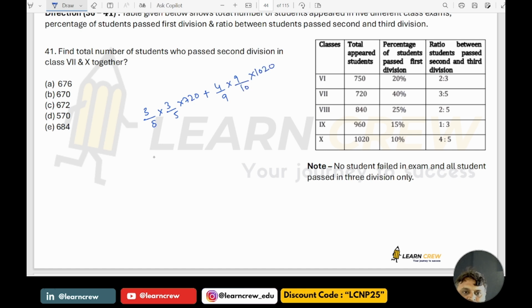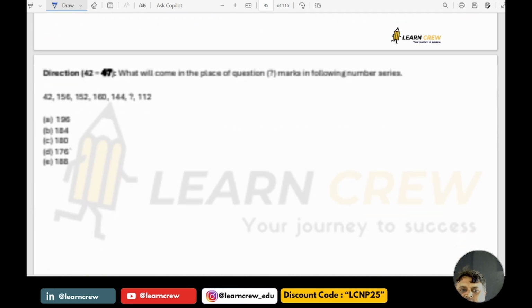Now if you simplify this, 8 5s are 40, 40 means it is 18 times, 18 9s are 162. And for the other, 9 9 cancel, 0 0 cancel, so 102 into 4, 408. 408 plus 162 is 570. So the answer is 570. 41 is 570.